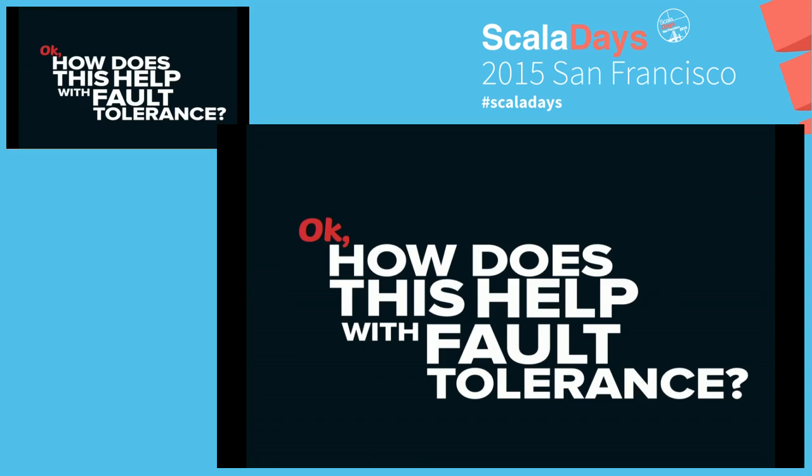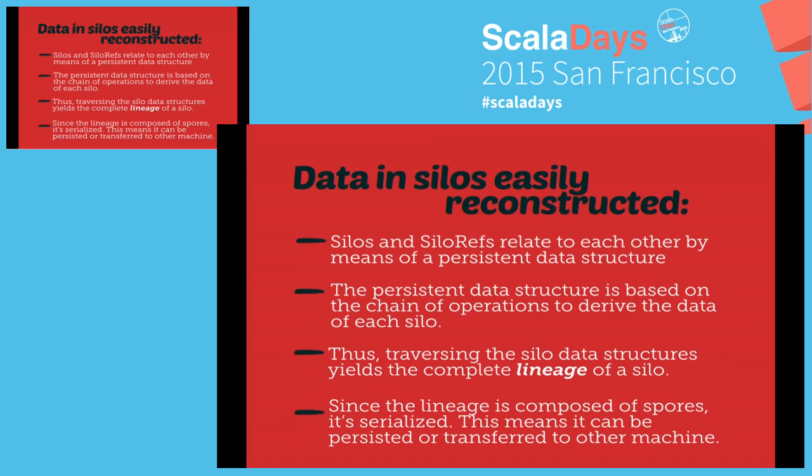And so it's kind of obvious, I think, how fault tolerance is simplified here. We're not actually doing any complex distributed computation. We're basically providing you a nice structure, which is itself a persistent data structure that represents the transformations that you do on your distributed data.